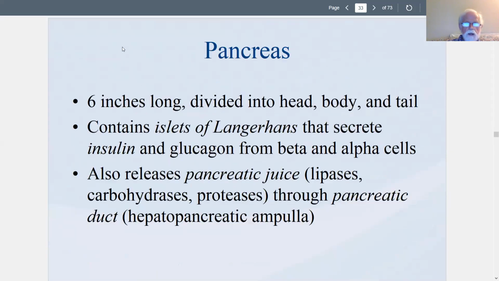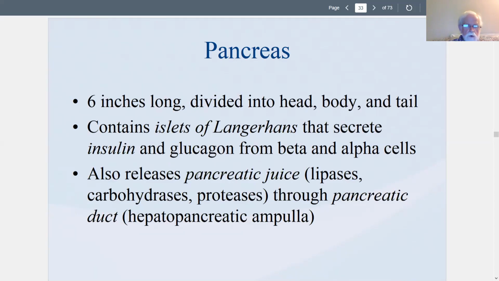So here we have the pancreas. It's about 6 inches long, and it has a head, and then it tapers off through the body to a tail. It contains, we talked about, the islets of Langerhans that secrete insulin and glucagon from the two types of cells, the betas and the alphas.